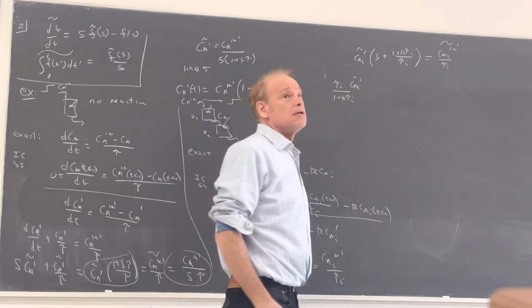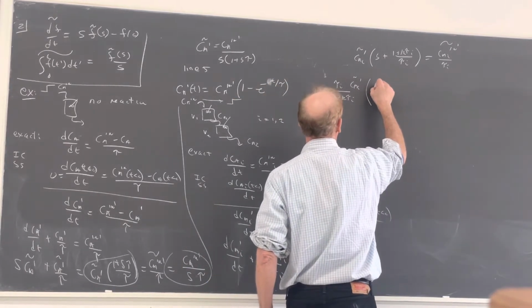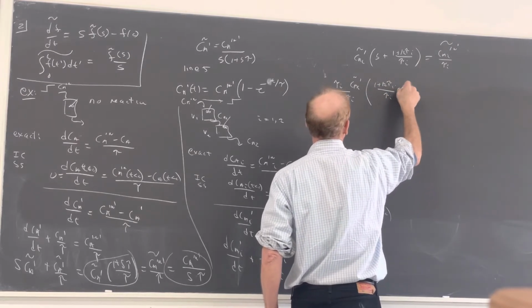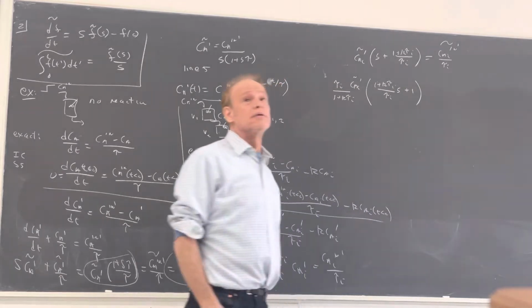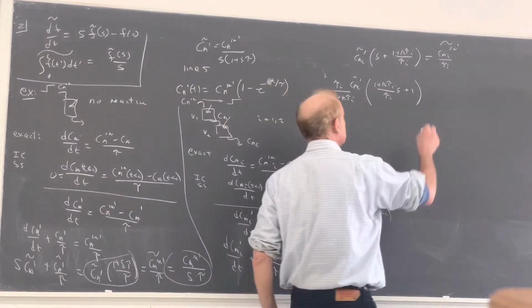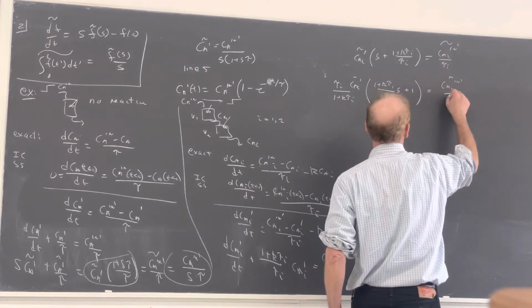If I do that, what do I get? Here I get 1 plus k tau i over tau i, S plus 1. So all I did is factor this out. And that's equal to CAi in prime over tau i.